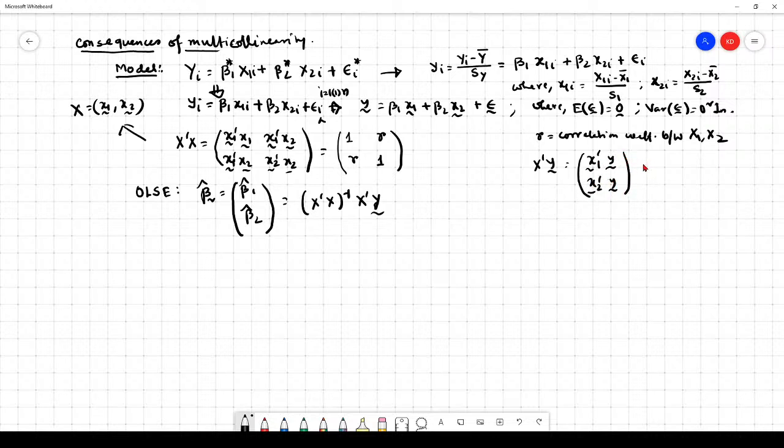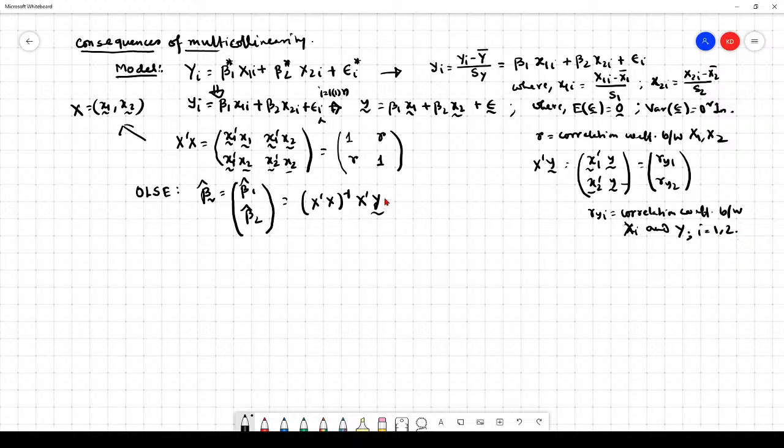So this is r y1 and this is r y2, where r yi is the sample correlation coefficient between capital Xi and y, i from 1 to 2.